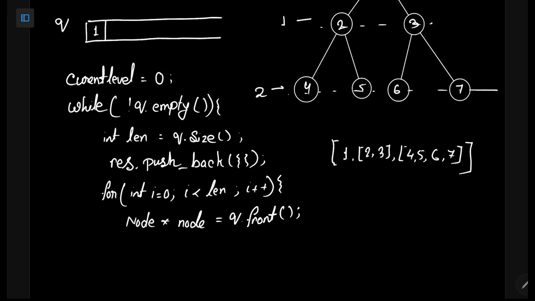Then we store the front value of the queue in the node, and then we pop it out from the queue. In the result, at every level, we will store the level wise nodes.